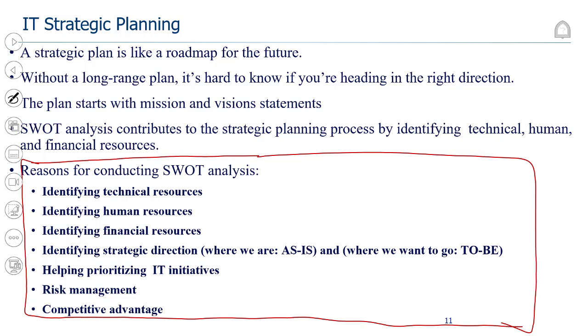When you talk about IT strategy, we are talking about how we are going to use IT to support business strategy. The business people will tell us what they want to do.